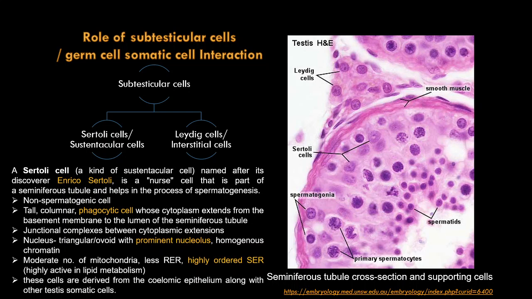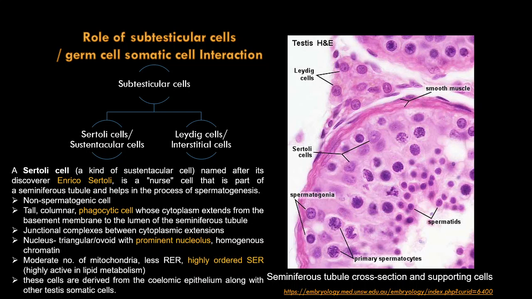Its cytoplasm extends from the basement membrane to the lumen of the seminiferous tubule, and there are various junctional complexes in the cytoplasmic extensions. So the Sertoli cells are linked by junctions with other kinds of cells present in the seminiferous tubules.